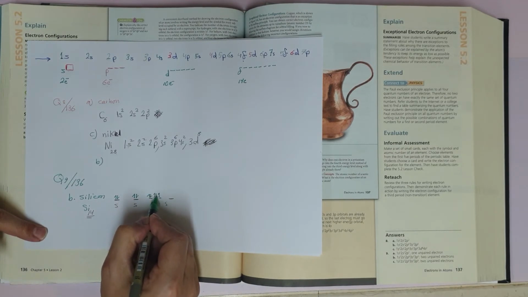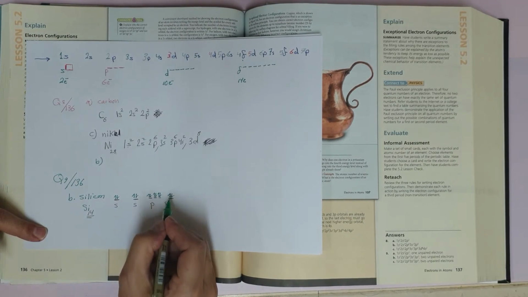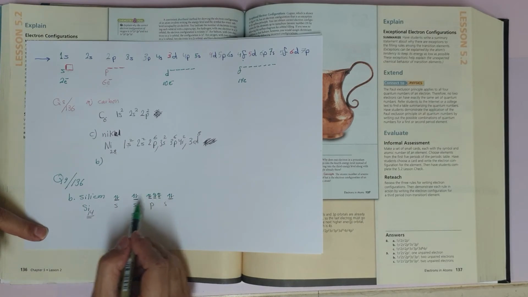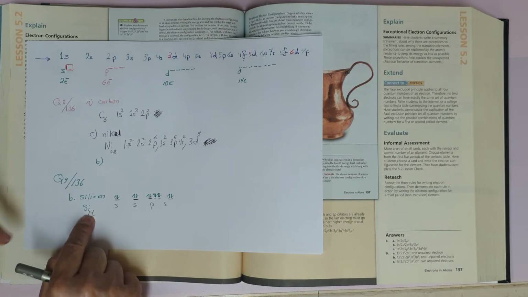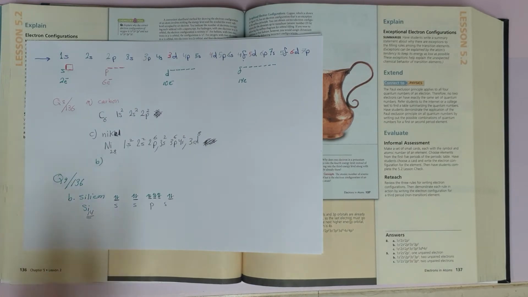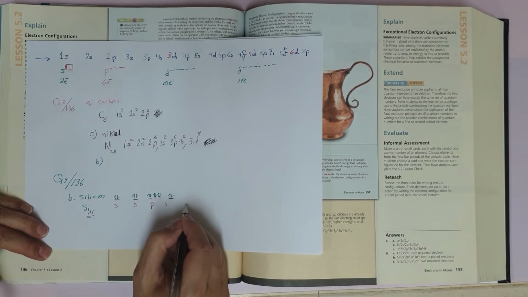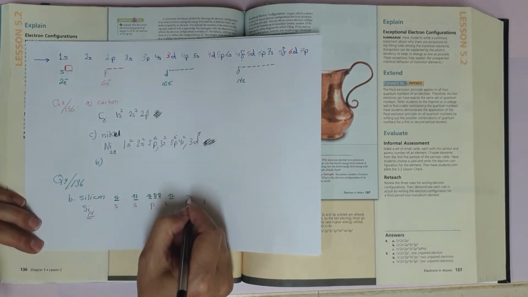Now we have here 12 electrons, which means there are 2 electrons remaining for the silicon atom. s, s, p. For p, 3 orbitals.